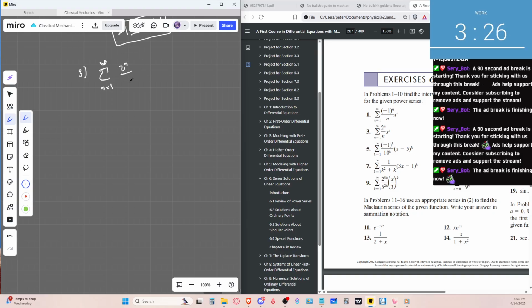So you have to keep in mind the original function or the original part of this series. So in this case, we want to do the root test, because it looks like we can do the root test with this one, and it looks like it would be better.